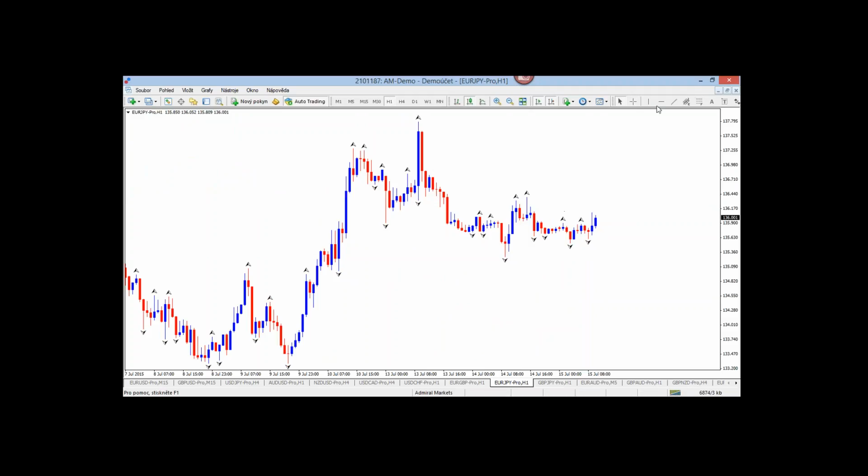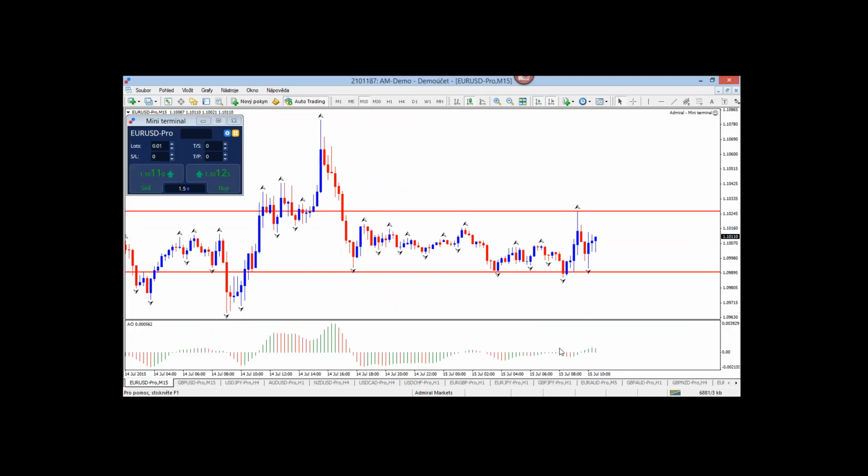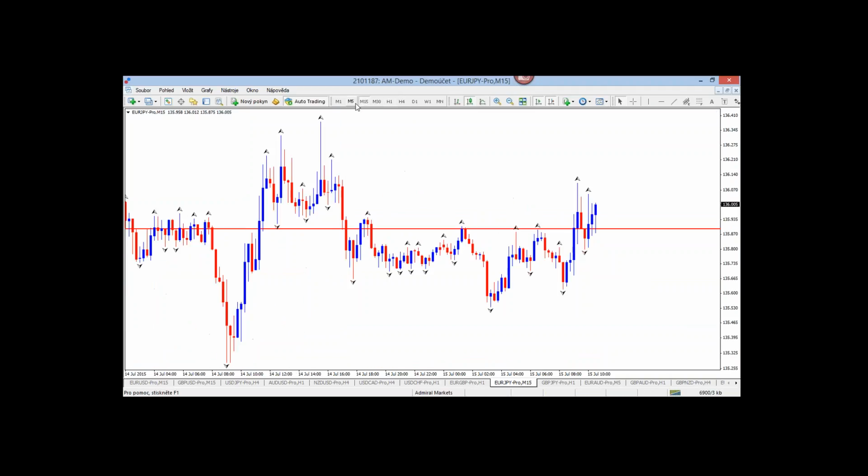Could be a breakout actually right now. The euro dollar is still in a range, but does have some momentum here. So it seems like we have a fractal. These two levels, I think, could be the most interesting for the euro dollar. Euro yen, I think, could be in a breakout potential right now, in fact.